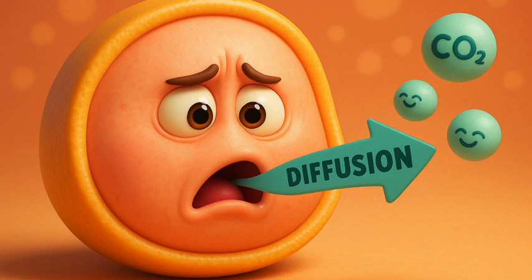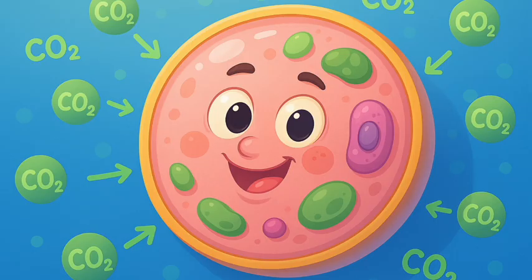Something similar to this happens in cells when, for example, some substance like CO2, which is cellular waste and requires to be excreted out by the cell, accumulates in high concentrations inside the cell. In the cell's external environment, the concentration of CO2 is low as compared to that inside the cell.